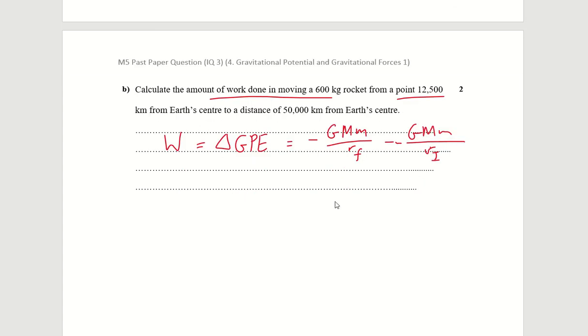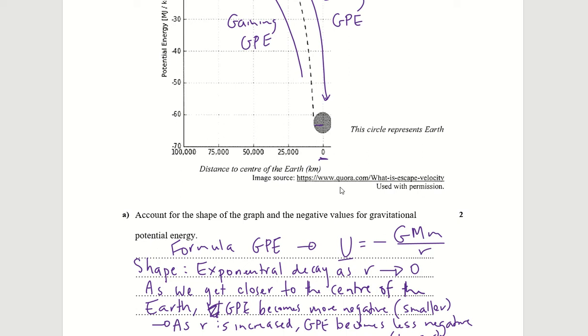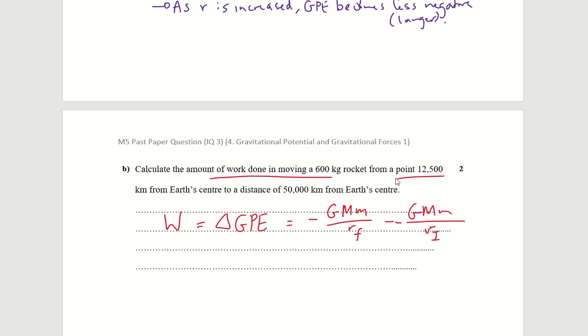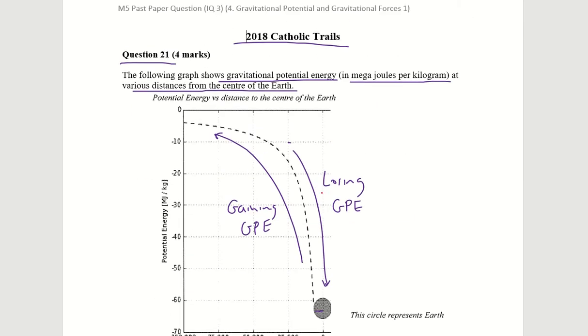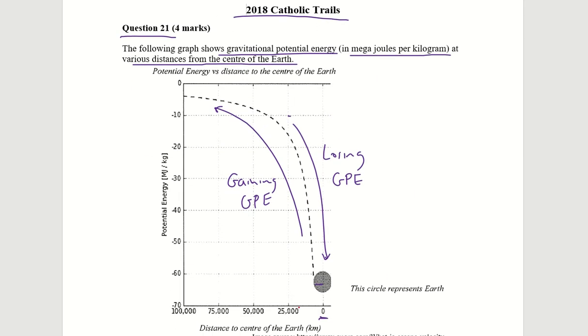Okay, so let's look at how we can work that out. You can work it out manually using this equation. Obviously, if they give you a stimulus, try and use the stimulus to work it out. So let's look at the points. We have a point of 12,500 kilometers. So at 12,500 kilometers, we are around this area here, the halfway point between 25 and 0.